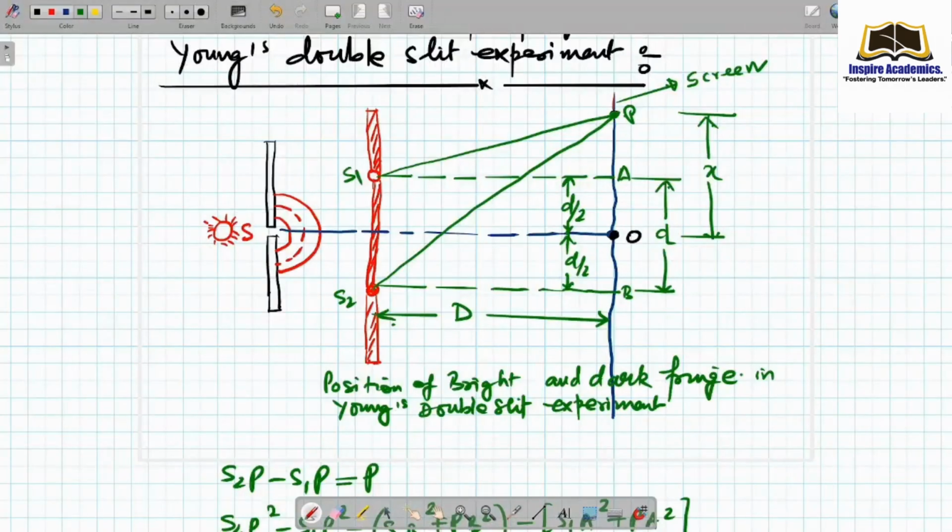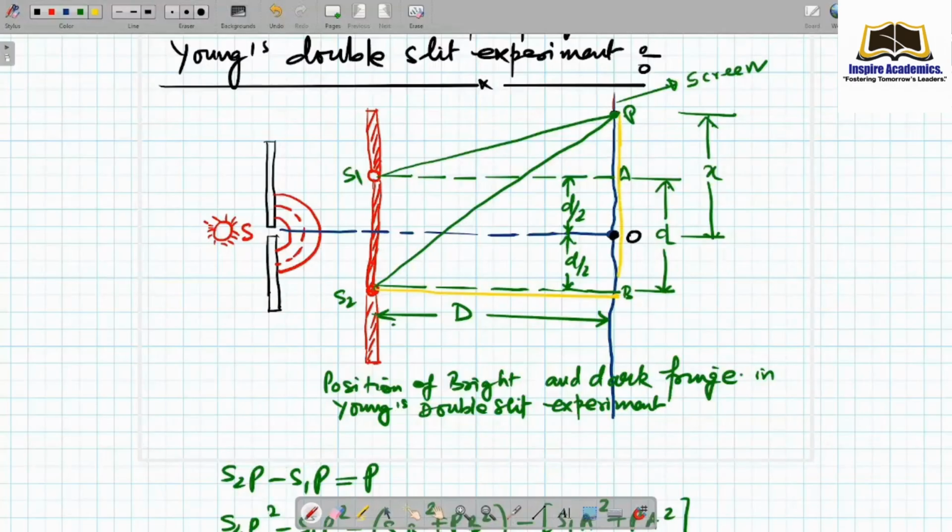Tell me, S2P square, S2B square, that is this. What can I draw? S2B is this line, okay, and then PB is this line.